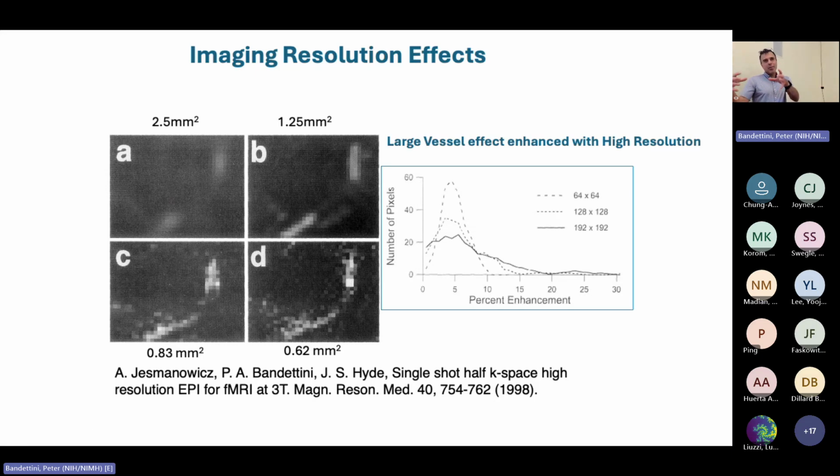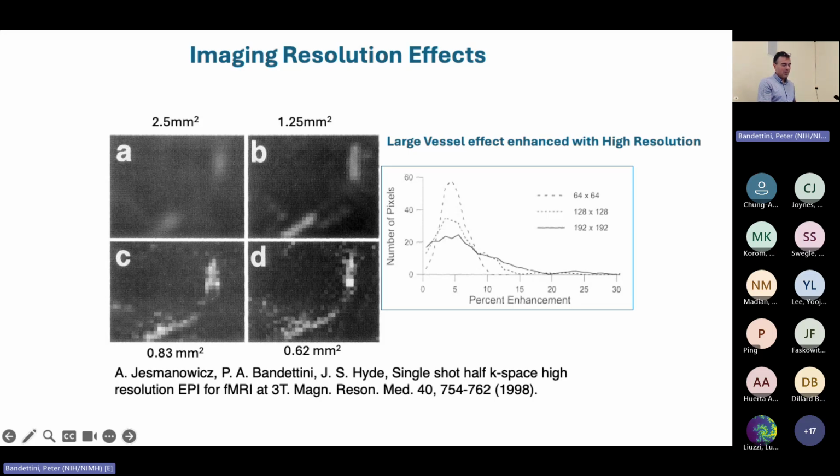All right, and this also illustrates a point that I was bringing out before, that if you have a voxel and you're sampling a large amount of blood in the voxel, the signal change is going to be very high. So we did a study a long time ago where we changed the voxel size from 2.5 millimeters down to 0.6 millimeters, using nothing fancy, just partial Fourier-based reconstruction.